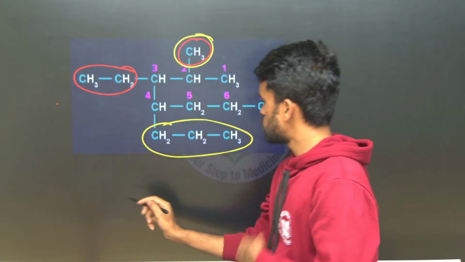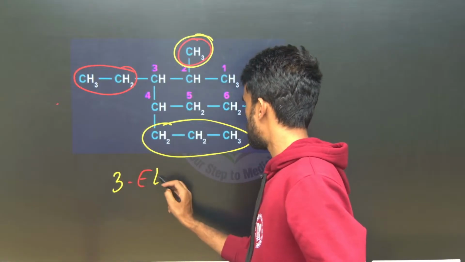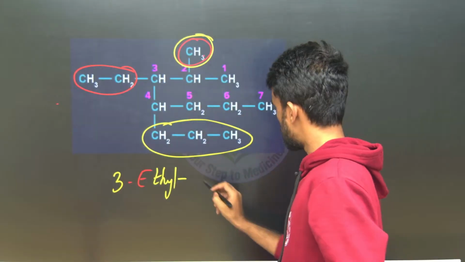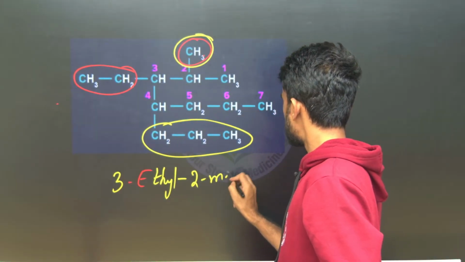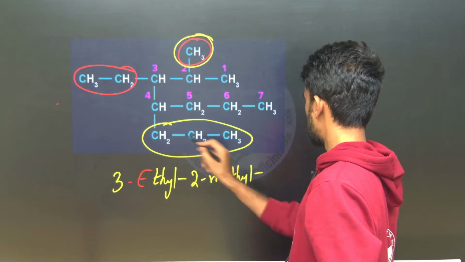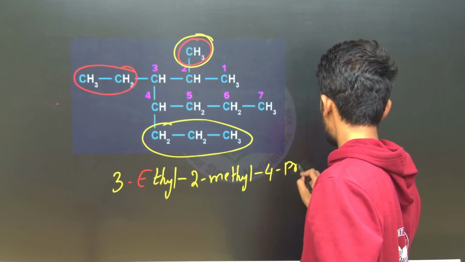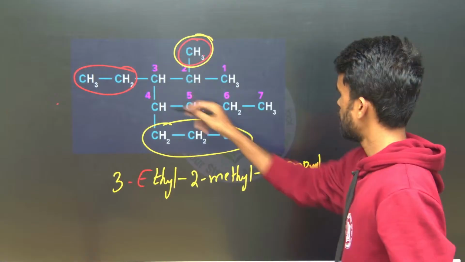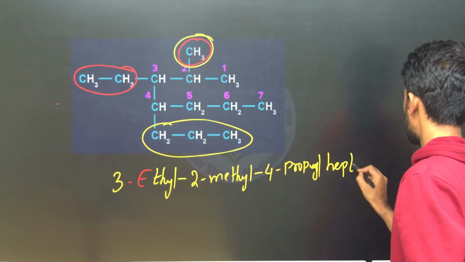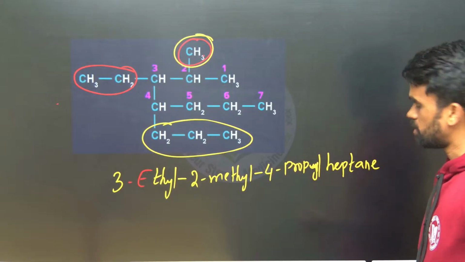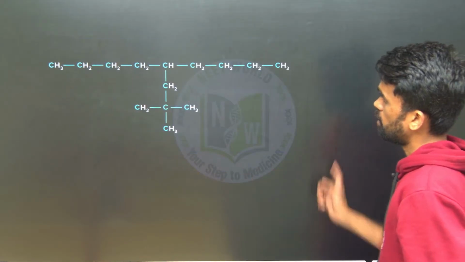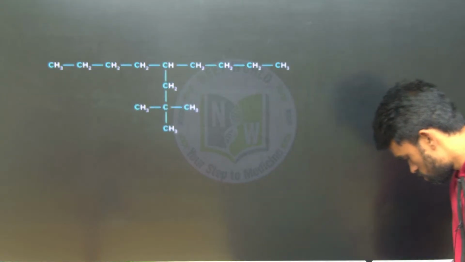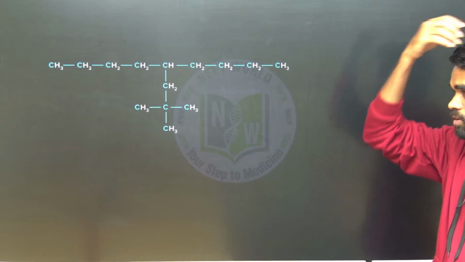E comes first, so 3-ethyl. Then 2-methyl, M comes next. Then 4-propyl, heptane. Clear? Next. Can you give me the name for this compound? You can write it, very easy.